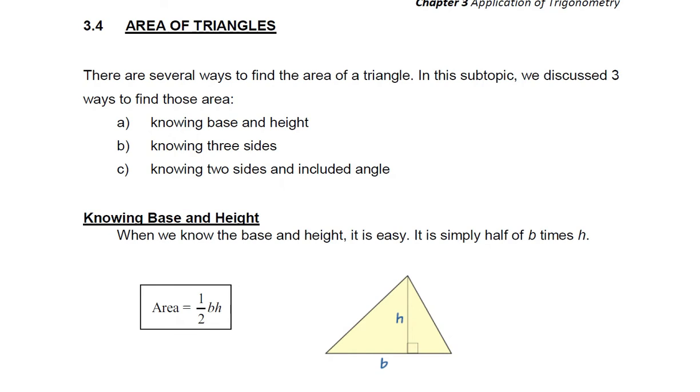Okay, knowing base and height is like what you did before, where you know the base of the triangle and also the height of the triangle. And the formula for this area is half multiply with the base and multiply with the height.